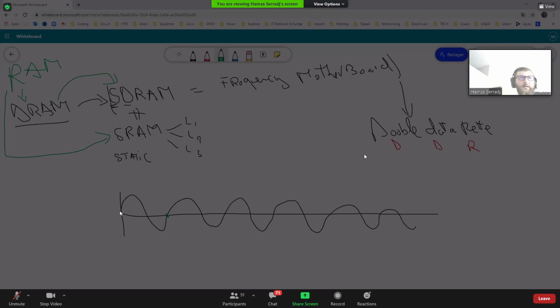Going from here, on some interval of time, I will go exactly to the same place. So this is one cycle, and this is a second cycle in the same amount of time. Let's say this is 2 nanoseconds in each one.